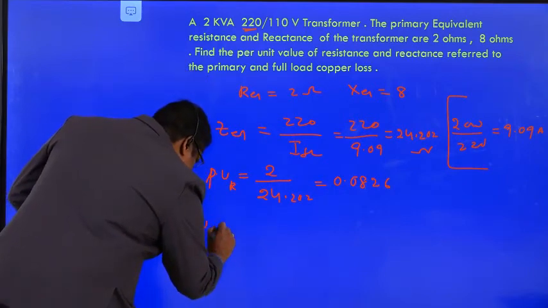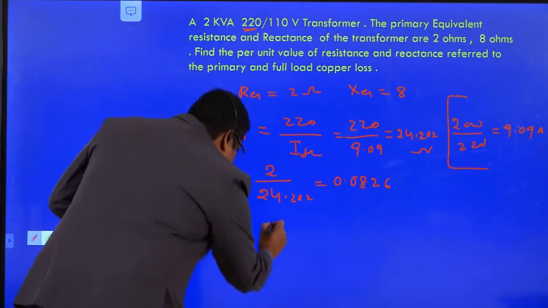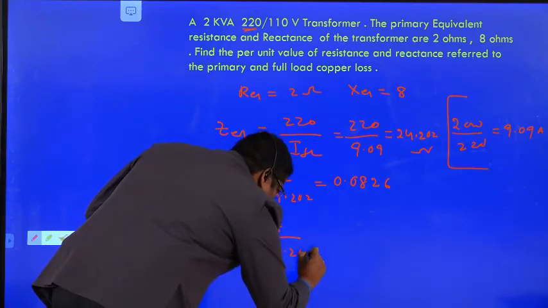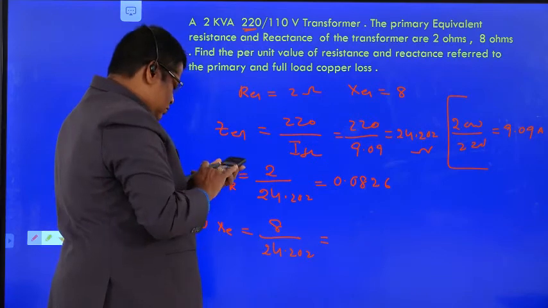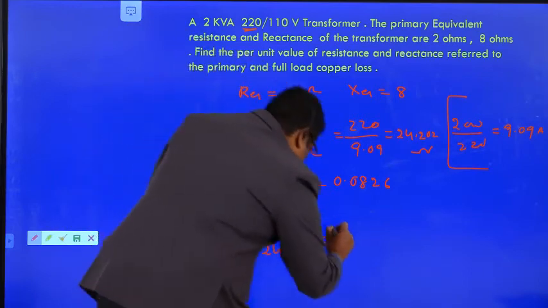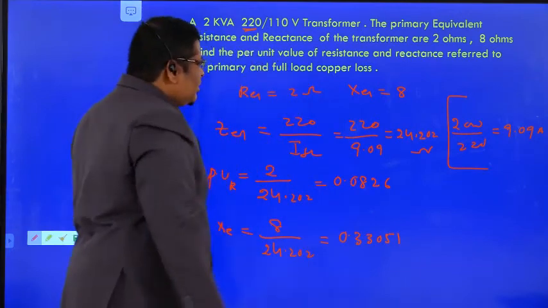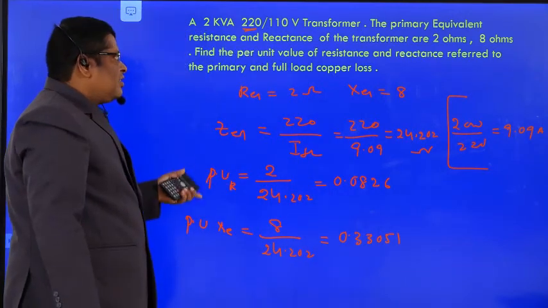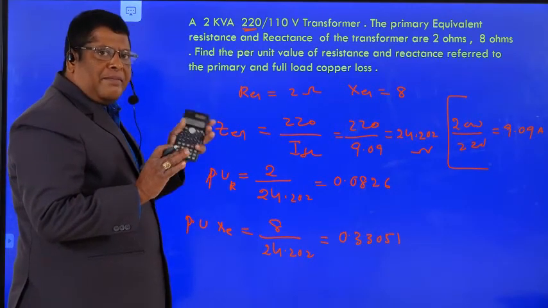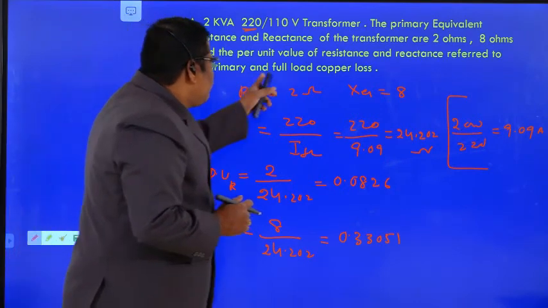The per unit value of reactance, X equivalent, equals the actual reactance divided by the base value, that is 8 divided by 24.202, equal to 0.33051. See, in this manner we can calculate the per unit value of resistance as well as reactance of a transformer if the equivalent resistance and reactance with reference to the primary or secondary are given.